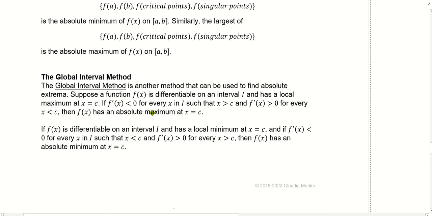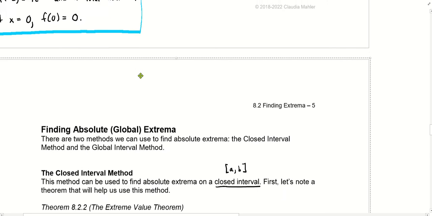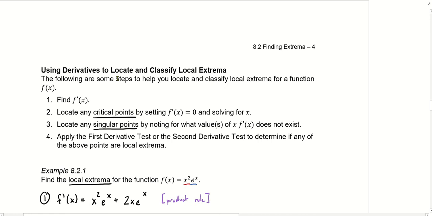So in order to figure out if we have a local maximum or minimum, we have to use those techniques that we talked about to find local extrema. And in the context of optimization, basically what we end up doing is we locate any critical points and then apply the first or second derivative test to determine if those critical points are local extrema.